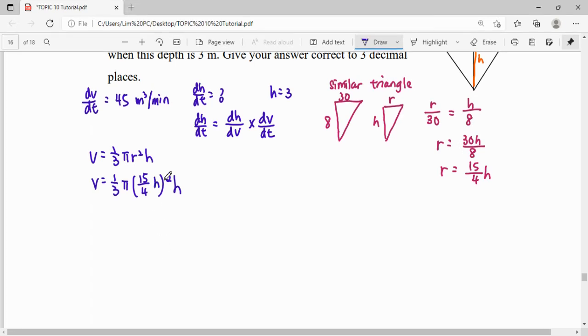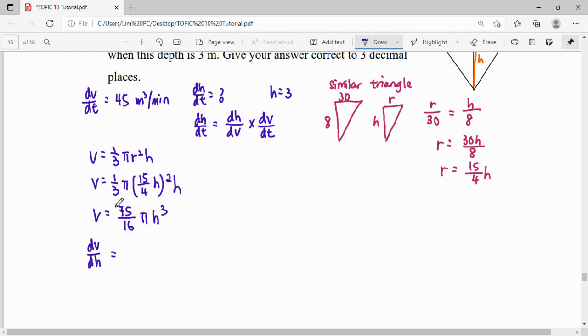As we simplify the square and multiply with 1/3, our formula will be equal to 75/16 pi, h squared times h, we will get h cubed.